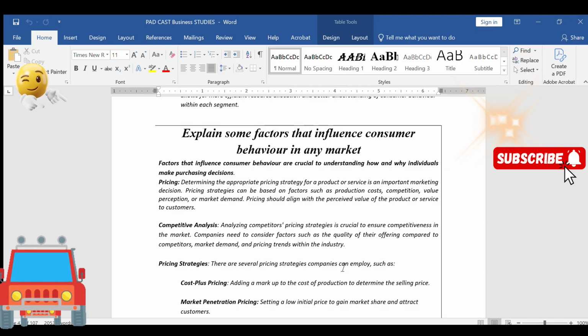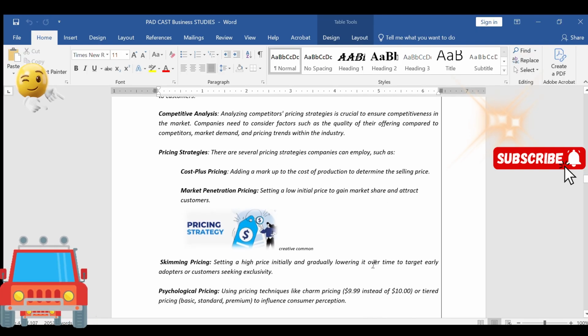It is an important marketing decision. Pricing strategies can be based on factors such as production cost, competition, value perspective, or market demands. Pricing should align with the perceived value of the product or service to customers.